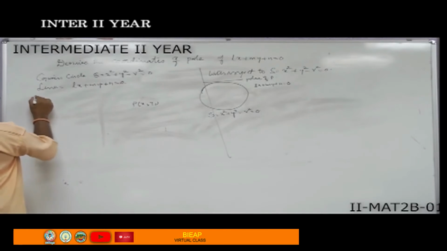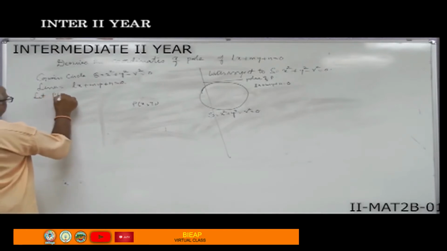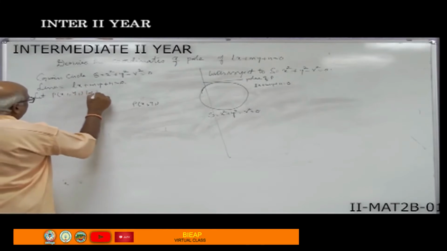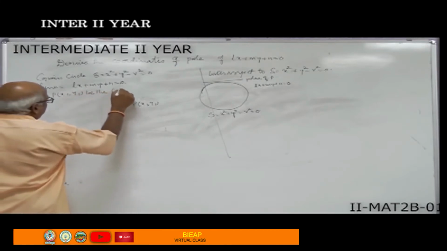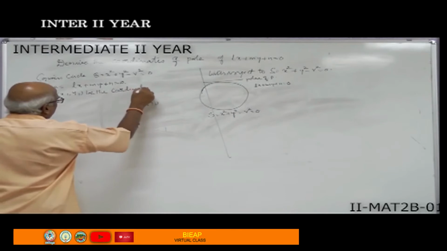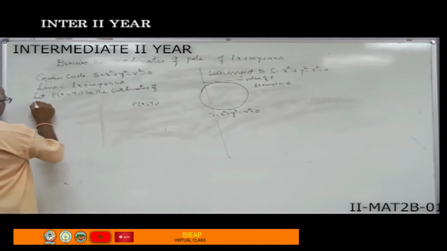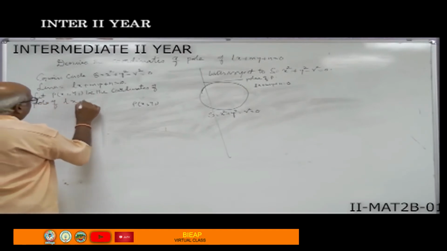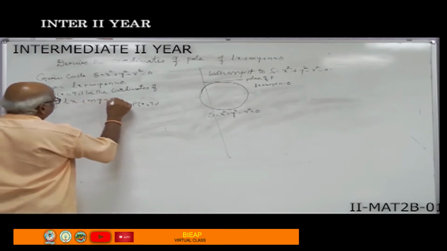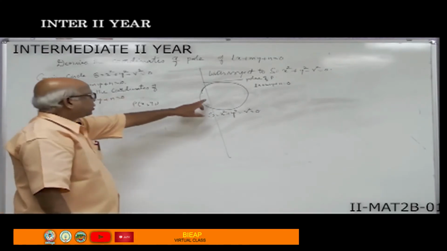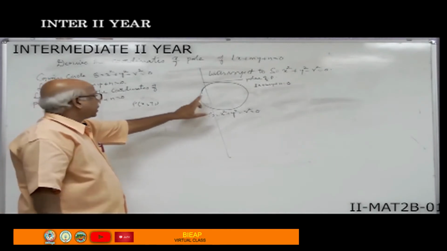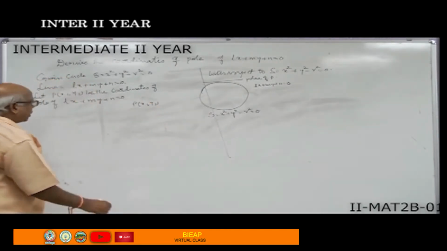Let P x1 y1 be the coordinates of the pole of Lx plus My plus n equal to 0. As we don't know the coordinates of the pole, I assumed it as P x1 y1.